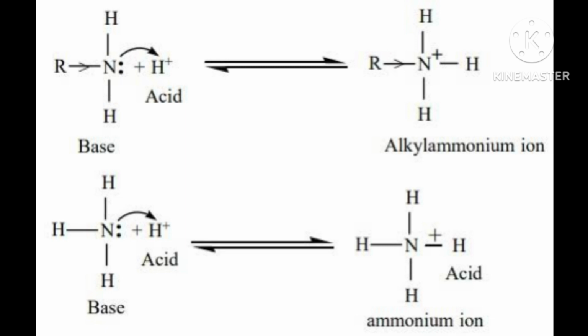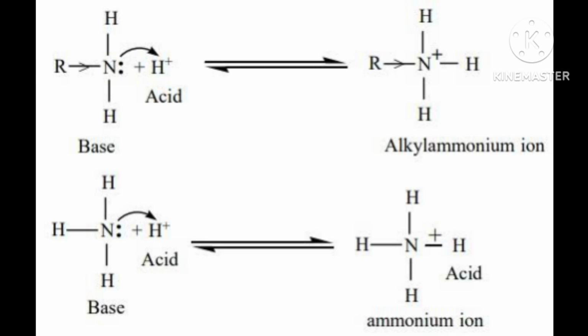RNH2 becomes RNH3 plus, positive charge means cation, into molar concentration of OH ion, divided by RNH2. Upside is RNH3 plus. Okay, don't forget, that is the positively charged. Then this is actually the expression for Kb, and this Kb you can write in the form of pKb.